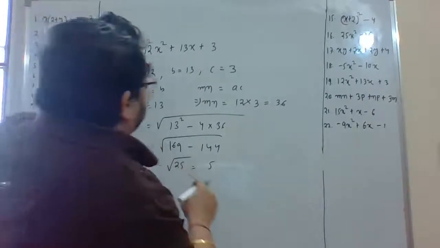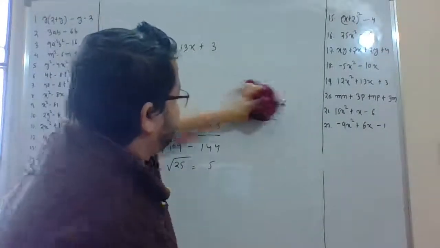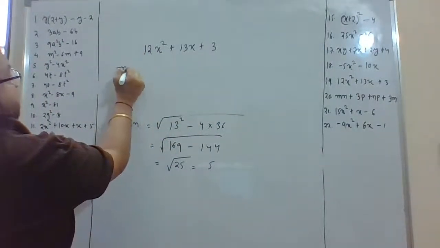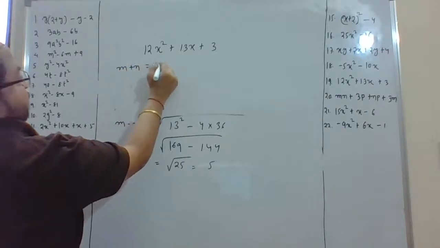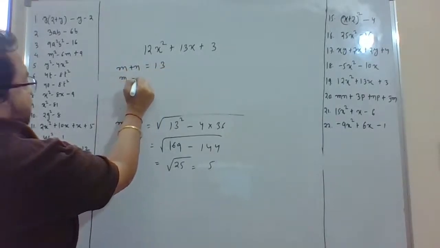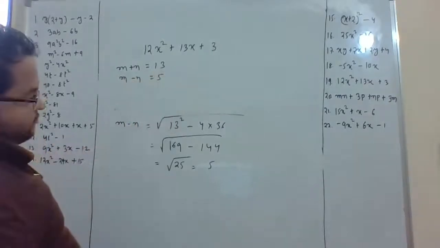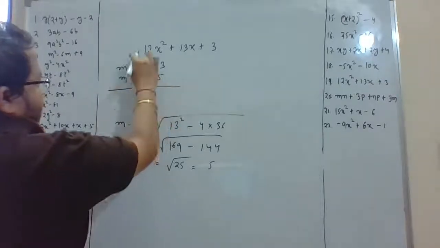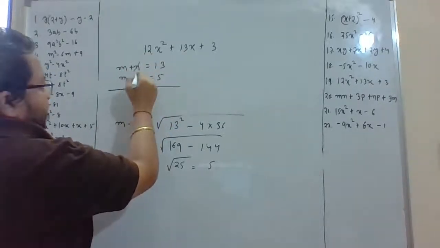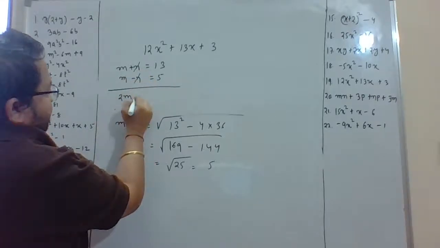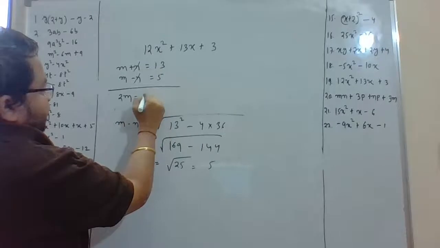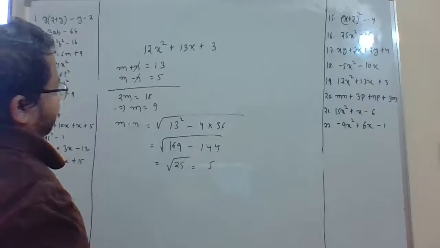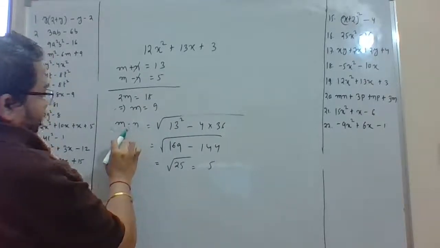Now we can use it to find out the values of m and n. So we know m plus n equals 13, m minus n equals 5. Obviously, by adding both these equations, minus n plus n will cancel out. So 2m is nothing but 13 plus 5 equals 18, or m equals 9, right? Similarly, let's find out the value of n.